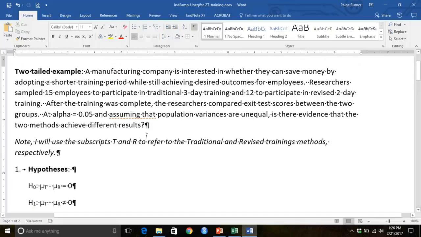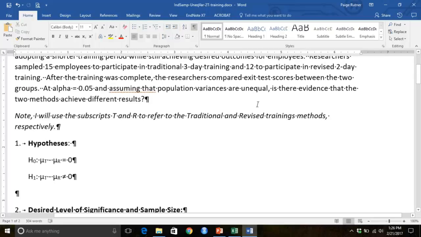So we are given in the problem statement that the question that we're asking is whether there is evidence that the two methods achieve different results. Not that one achieves better results than the other, but whether they are different. And so with that kind of language, I am looking at a two-tailed hypothesis.